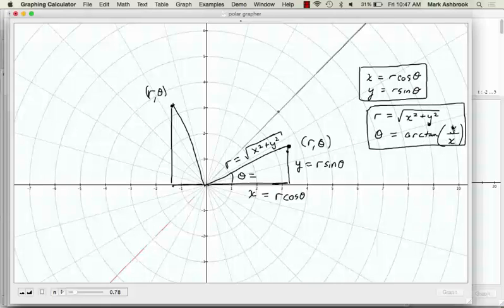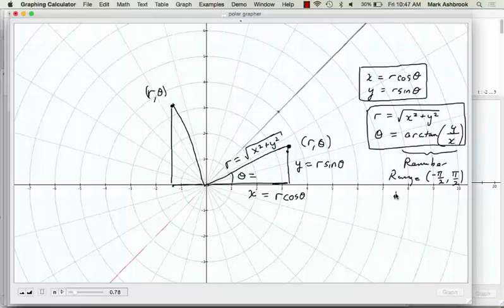Now we've got domain issues with arctangent. You have to know how arctangent works. Whenever you take an arctangent, you get an angle between negative pi over 2 and pi over 2. So remember, the range is negative pi over 2 to pi over 2.